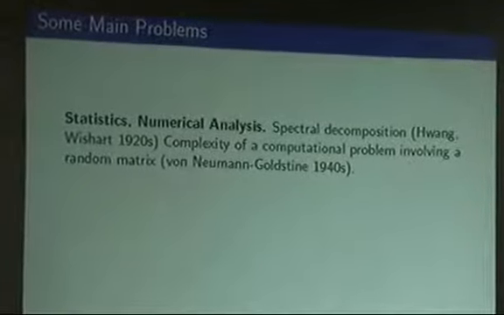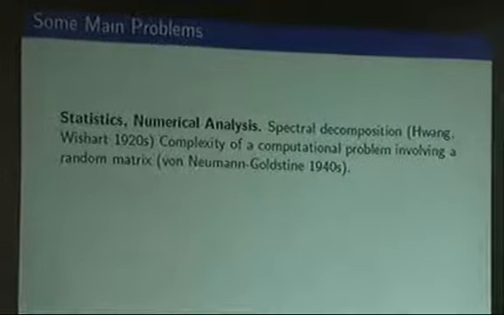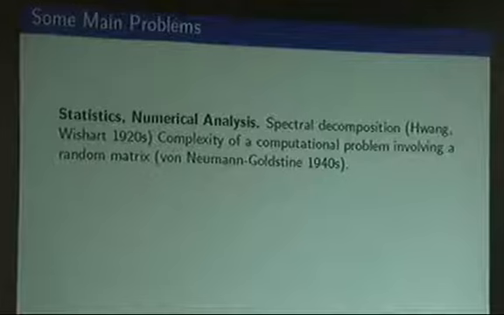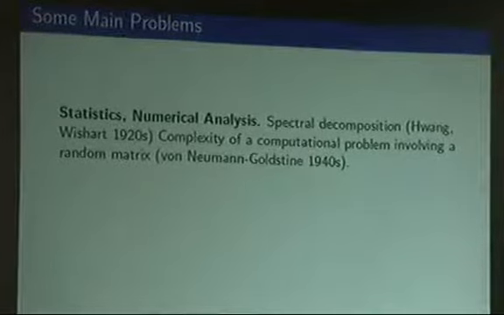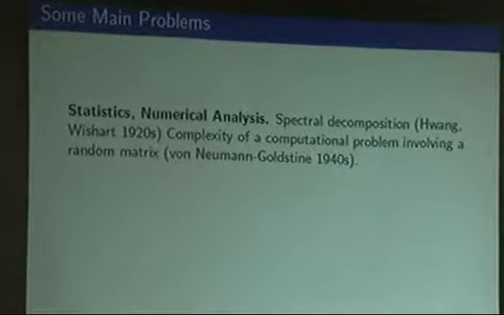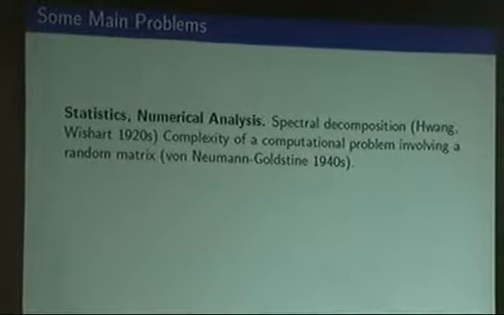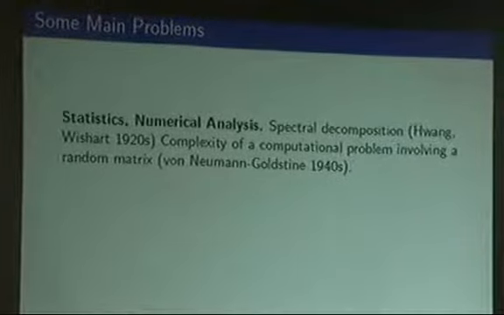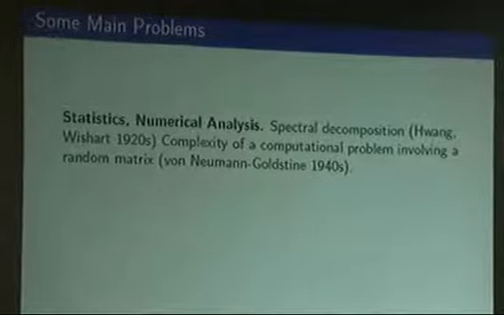Von Neumann started to consider the complexity of computational problems. At that time he was involved with computing devices, as we know. There is a series of 5 papers of von Neumann and Goldstine which established numerical analysis as we know it today, and one of them deals with the problem of computing with big matrices.